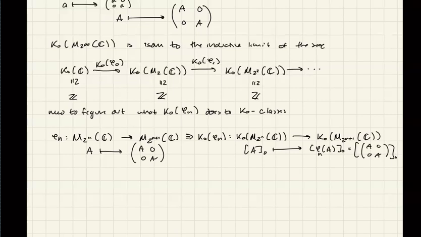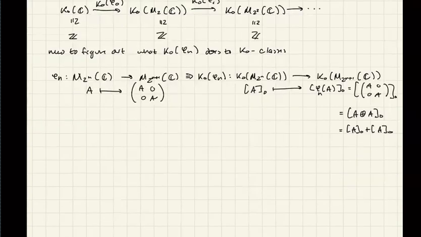Great, this looks like addition in K0. Remember, we defined our addition as such. And so this will be taking the class of A plus the class of A, and that is giving me 2 times the class of A.